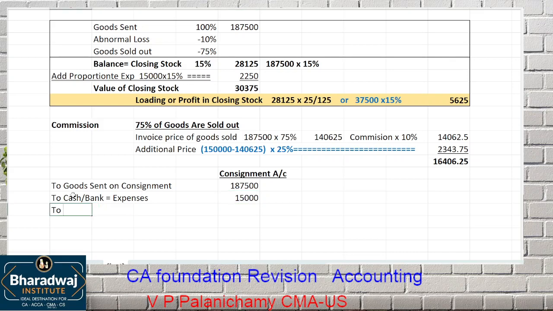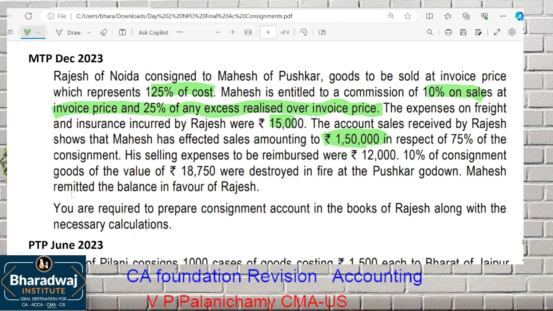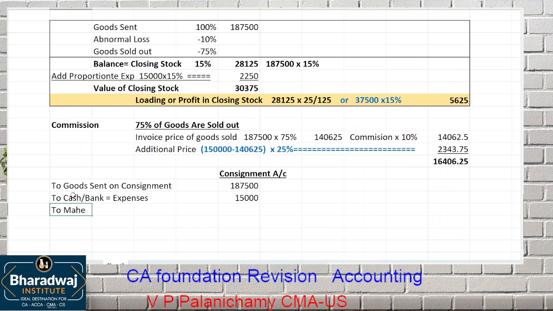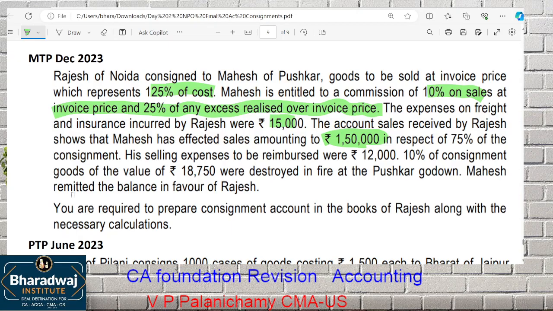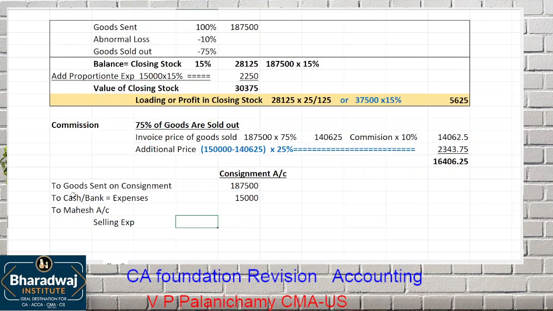To consignee account. What is the name of the consignee? For the selling expenses. What selling expenses? The selling expense is 12,000. Commission. How much is the commission? This one.